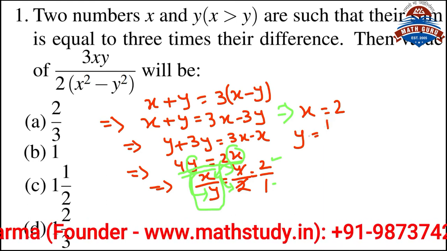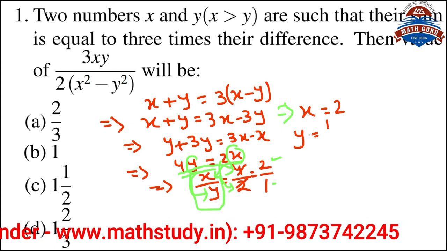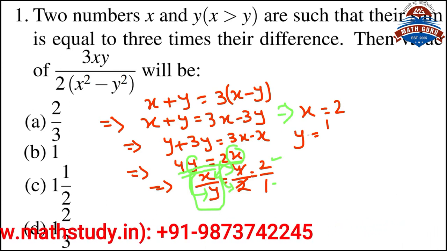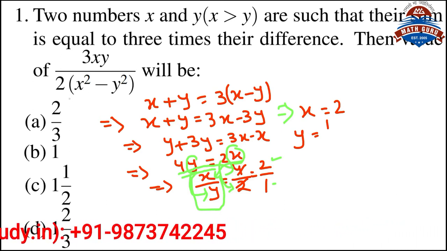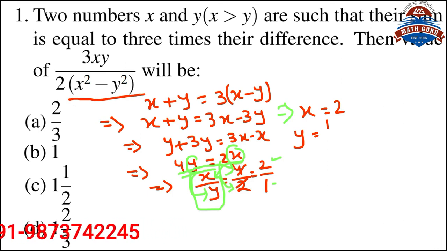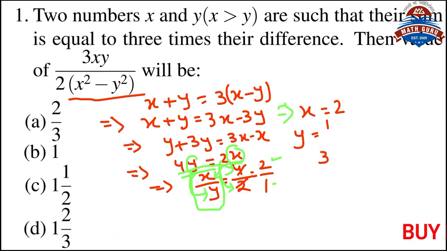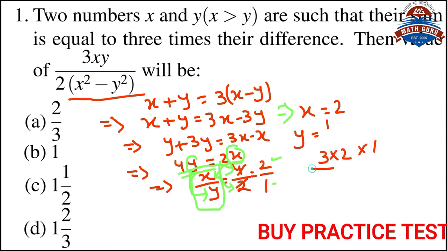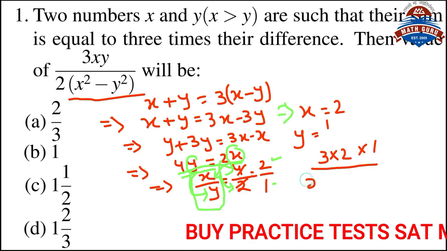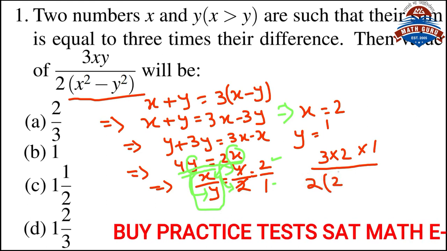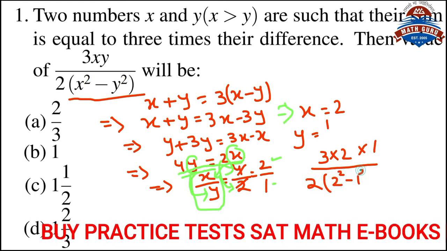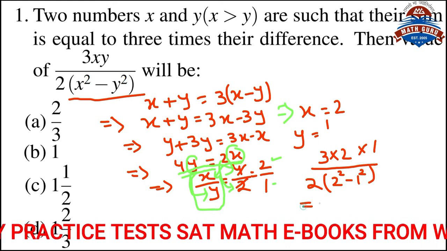Very simple, right? Now we can just put the values of x and y in the given expression. Here we will get 3 into x, which is 2, and y, which is 1, so 3xy upon 2 into x squared minus y squared, which is 2 squared minus 1 squared.